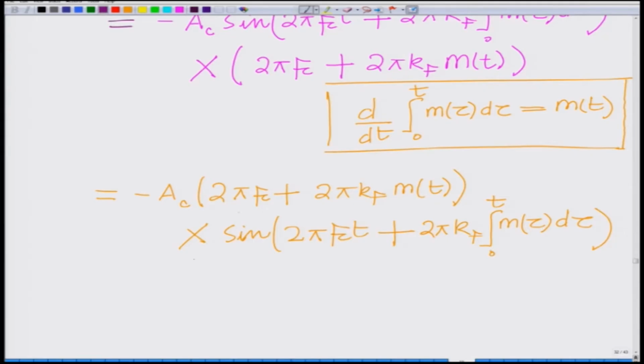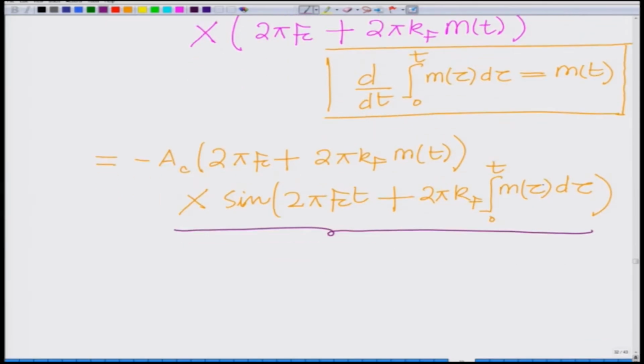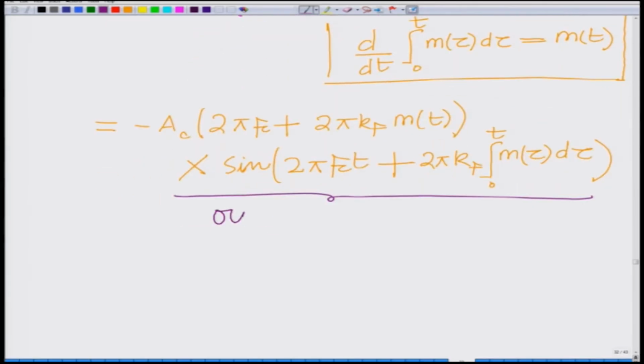Now, if you look at this resultant signal, this is basically the output of the differentiator.